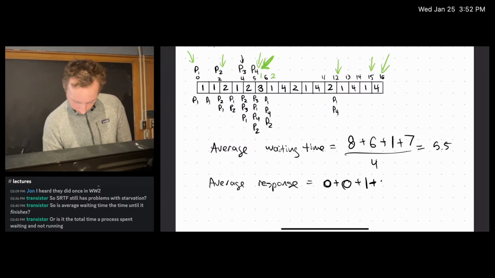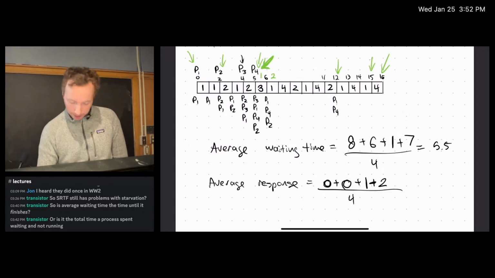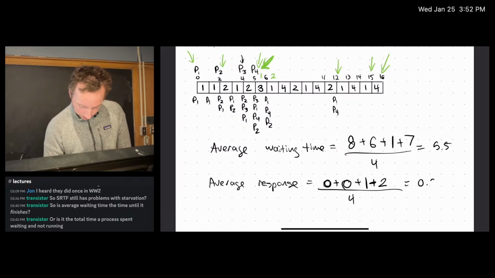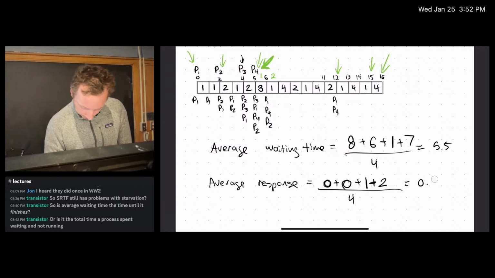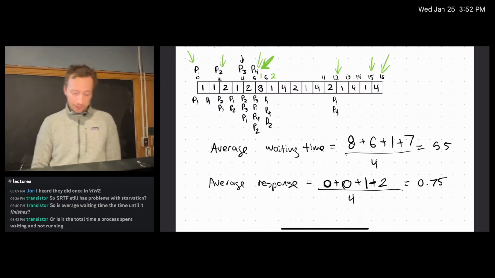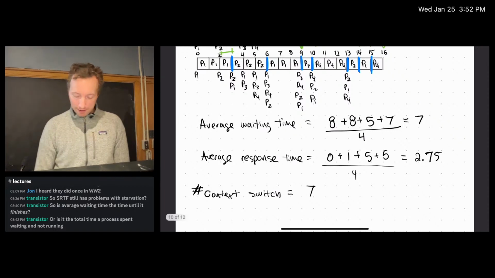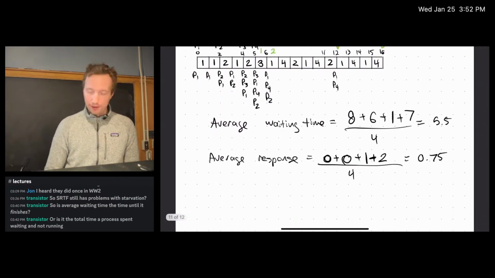So it waited around for 2. So if we take this, that's just 3 divided by 4, which we should know how to do. So 0.75. So this time, our response time went down from 2.75 all the way to 0.75.